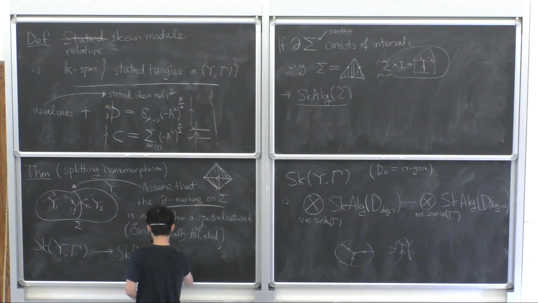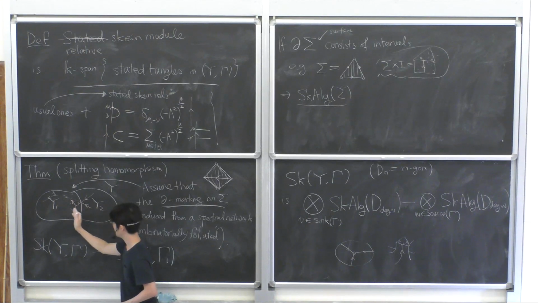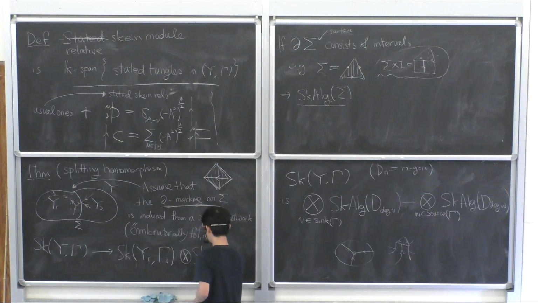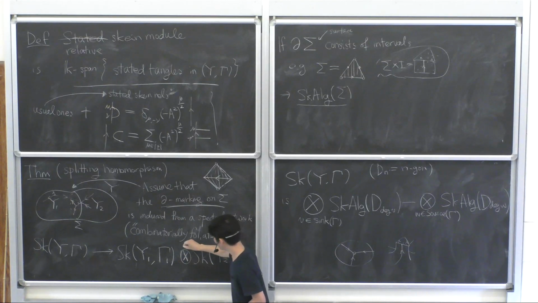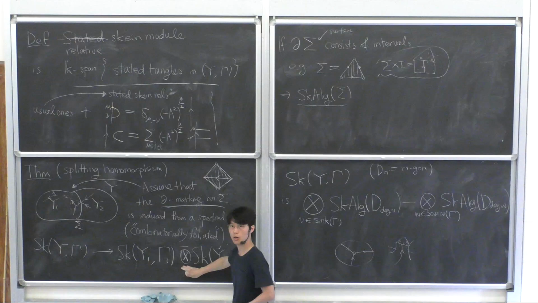Y1, here gamma 1 is the part of the boundary marking that's on the boundary of Y1, tensor the Skein module of Y2 of gamma 2. But here, I should emphasize that this is, okay, let me just put a bar over it, just to emphasize that this is not a tensor product as vector spaces, but rather tensor product as modules.